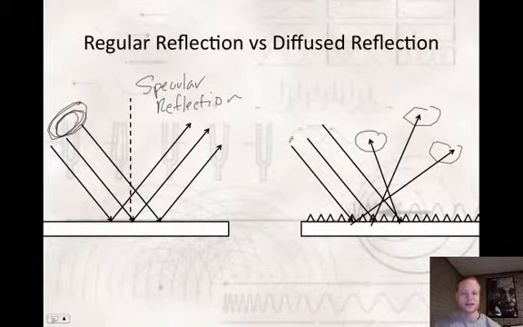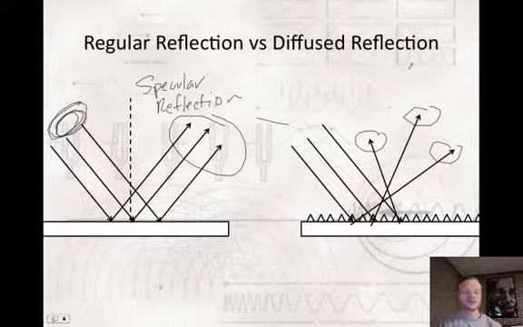It's just that the angle at which they hit the rough surface is equal to the angle at which they reflect off. They don't all reflect off nicely like over here to produce an image. Instead, they reflect in a bunch of different ways because they're hitting a rough surface, and so it doesn't produce an image. That's the difference. So the side on the right is a diffuse reflection.